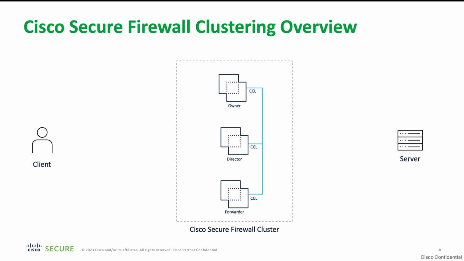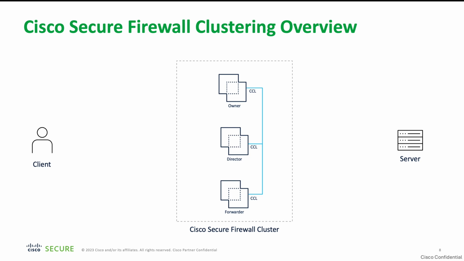Next, we have the director. Its job is to answer the question: who owns this connection? When a new flow is created, the owner registers it with the director, and if packets arrive at the wrong node, that node queries the director, which points it to the correct owner. There's only one director per connection, and if the director fails, a new one is chosen.